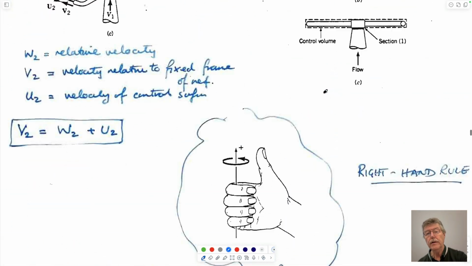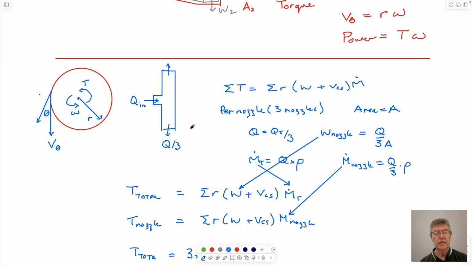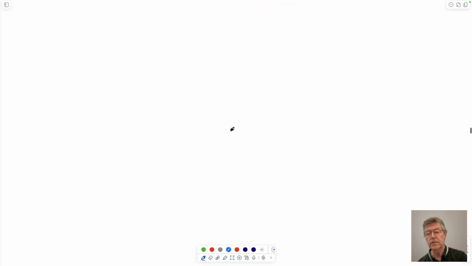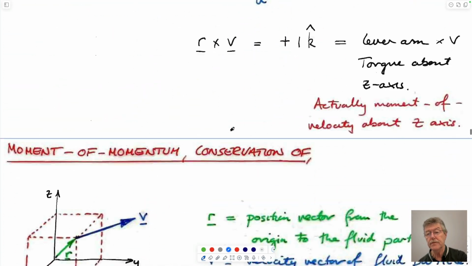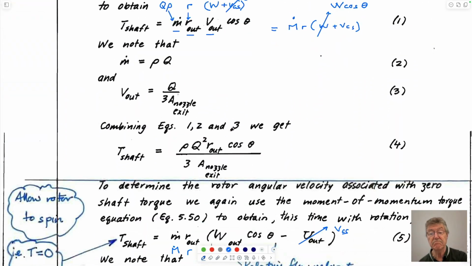In what we did before, we said that we'd align these in the same direction. So VCS, the positive coordinate direction in this case is this direction. So this is a positive force, this is a positive velocity of the control surface, this is a positive Cartesian velocity of the water out of the system, and so they've just chosen to choose the control volume moving in the opposite direction. So that's why there's a minus sign.